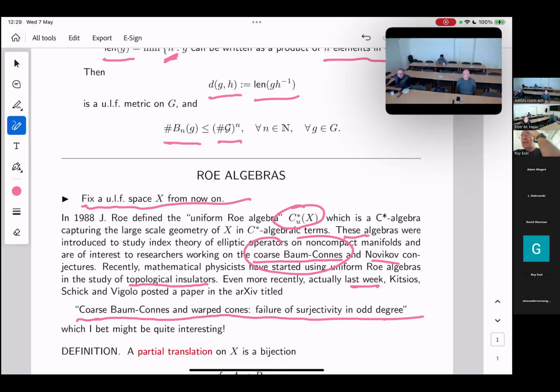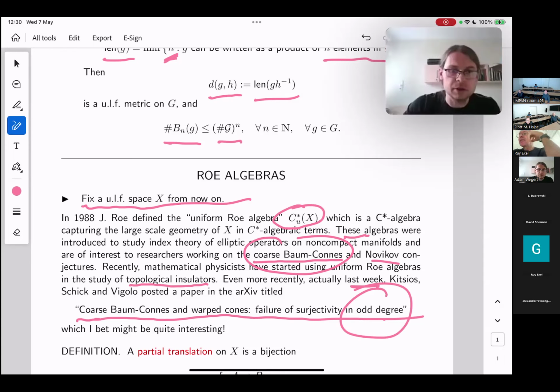It seems to me, by reading the abstract, that it is a counterexample to Baum-Connes. The curious thing is that people have suspected Baum-Connes to fail in even degree, and apparently they have shown that it fails in odd degree. So that's even more intriguing. But we're not here to talk about Baum-Connes.